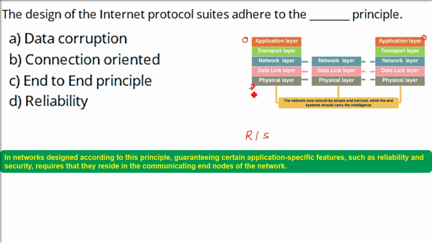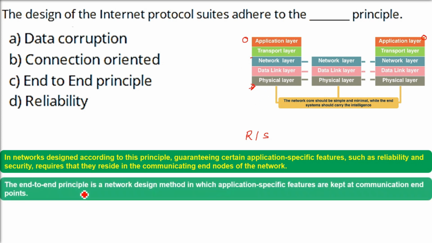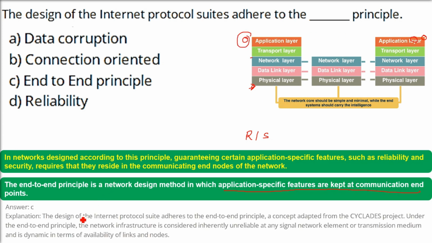But our idea of designing the internet protocol suite was only that it has to be end-to-end. So this end-to-end principle is a network design method in which application-specific features are kept at communication endpoints. Again, same thing. If I say I'm sending 128, you should get 128. So the design of the internet protocol suite adheres to the end-to-end principle.